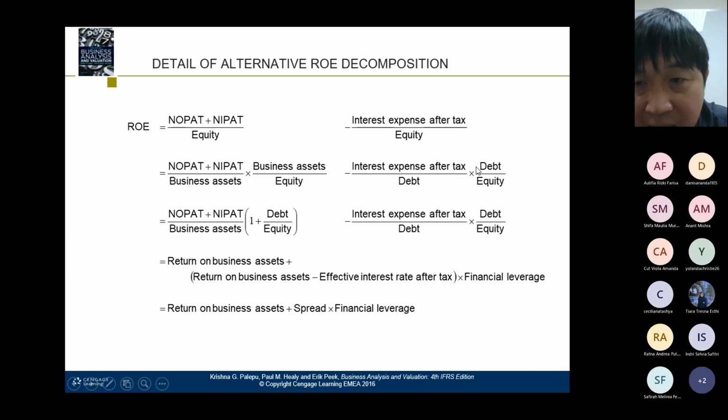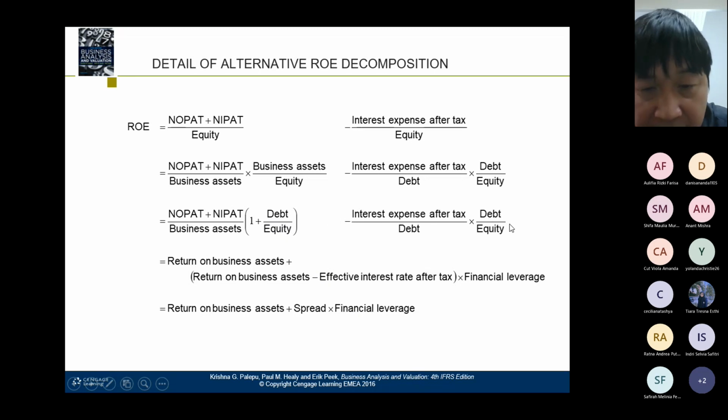We know the business assets can be decomposed into the equity value plus the debt value, so business assets over equity decomposes into 1 plus debt over equity.